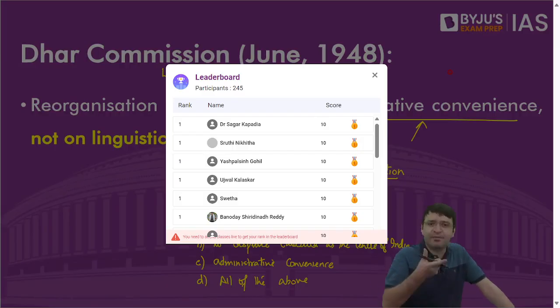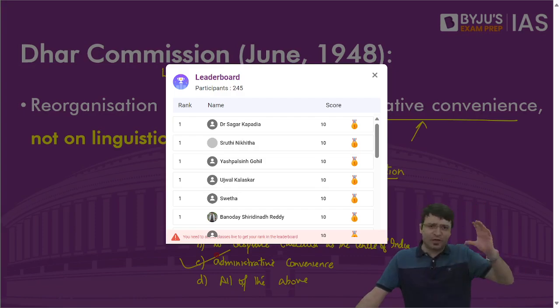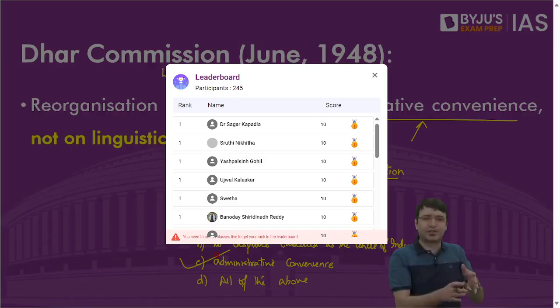But the reason given by Britain was that we are partitioning Bengal for administrative convenience, because Bengal is a big province and it becomes difficult to administer and manage. So just to ensure that we are administering Bengal effectively, conveniently, we are partitioning Bengal.